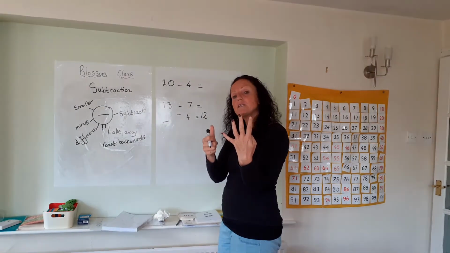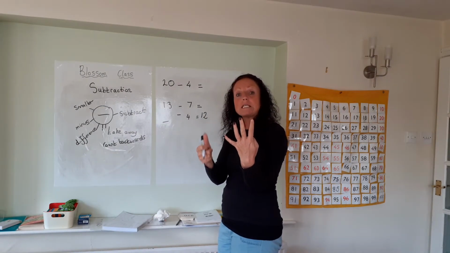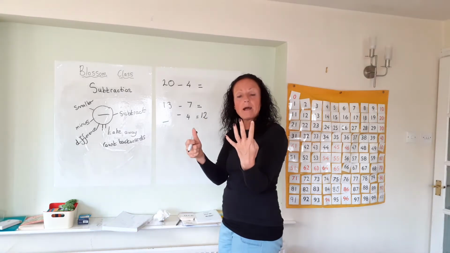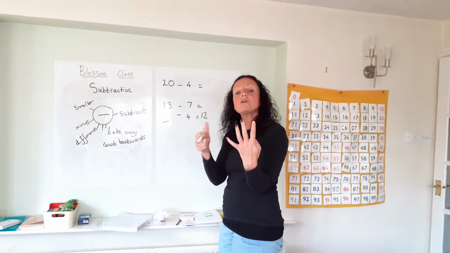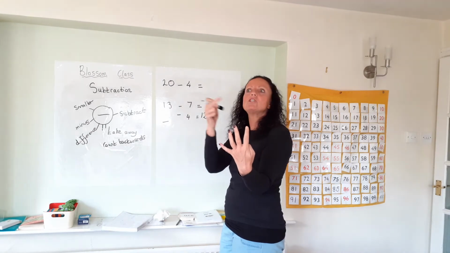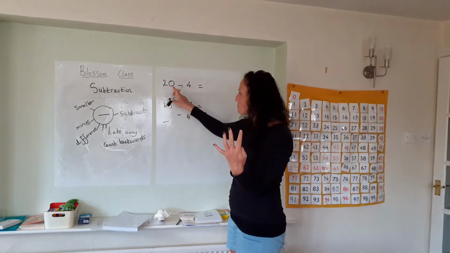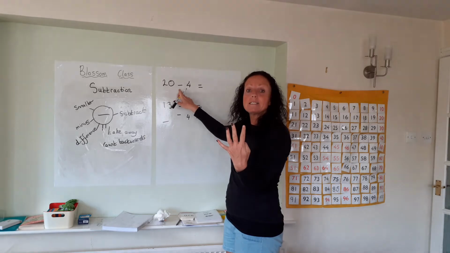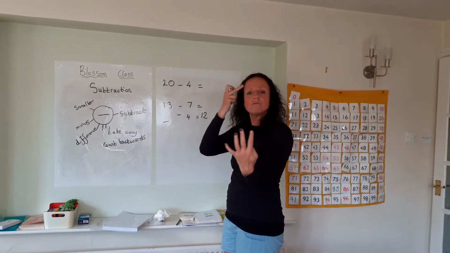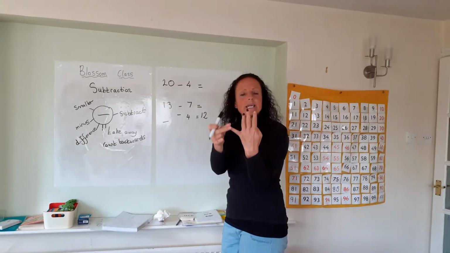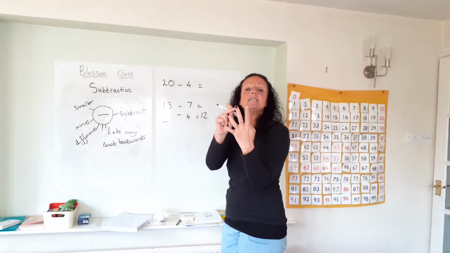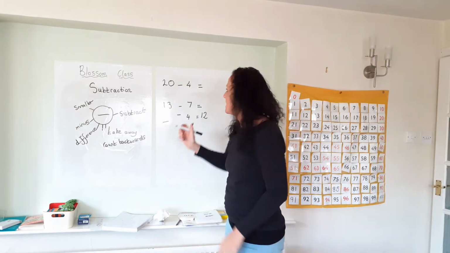So what you need to be practicing at home to help you with this is lots of counting forwards and backwards from any number so that you are confident on that, so you know which number to count back to, okay? So 20 minus subtract 4. So 20, 19, 18, 17, 16.